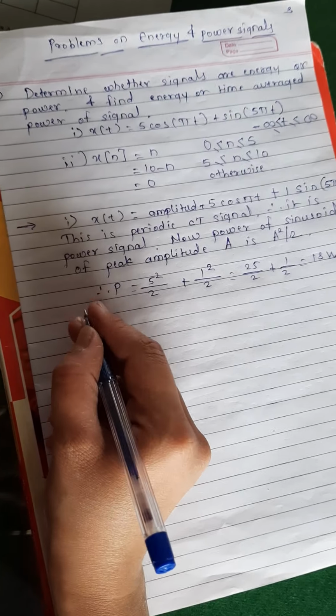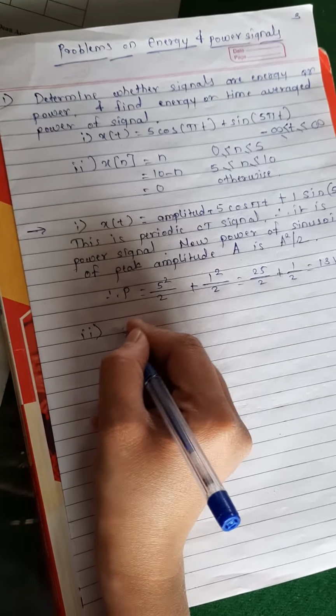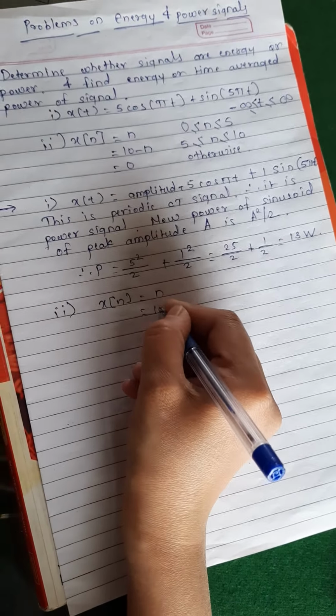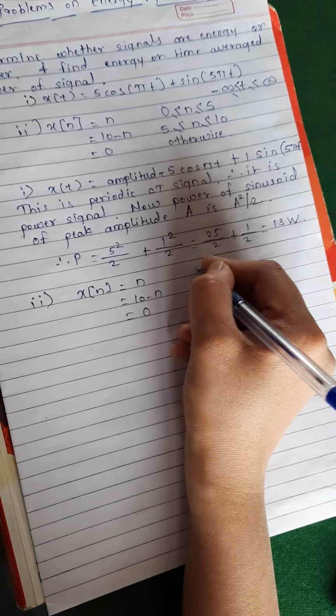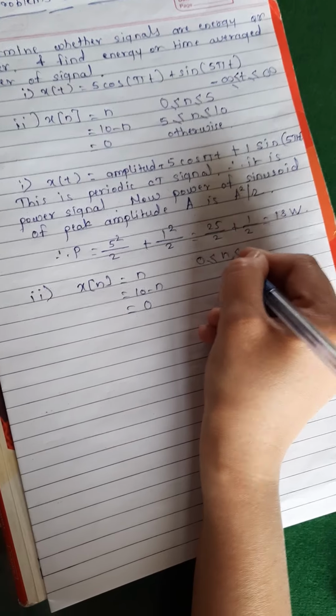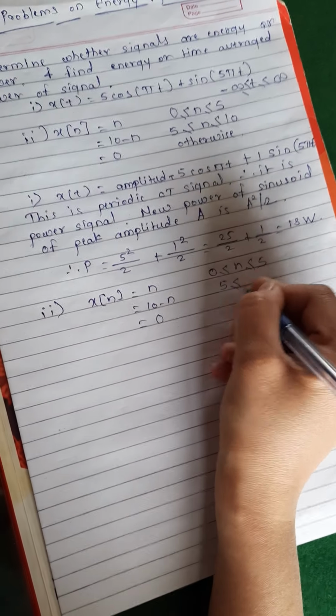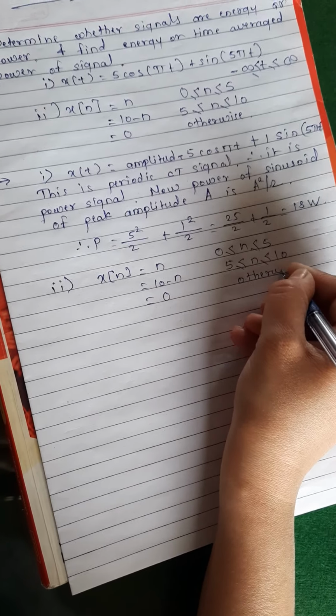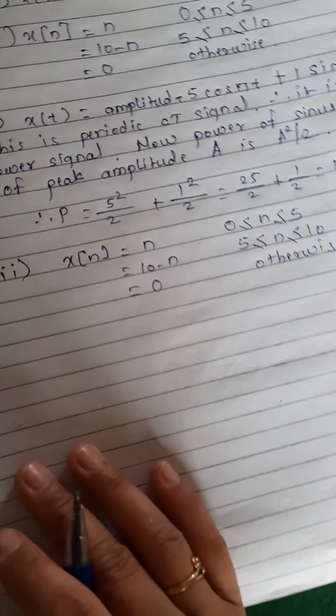Now the second problem: given x of n is equal to n, and it is 10 minus n in the next range, and it is 0 for other values. So this is given. Now it is a non-periodic signal, so it is an energy signal.